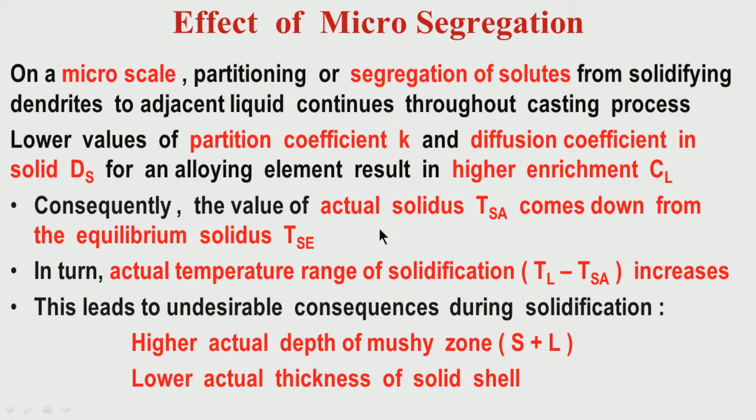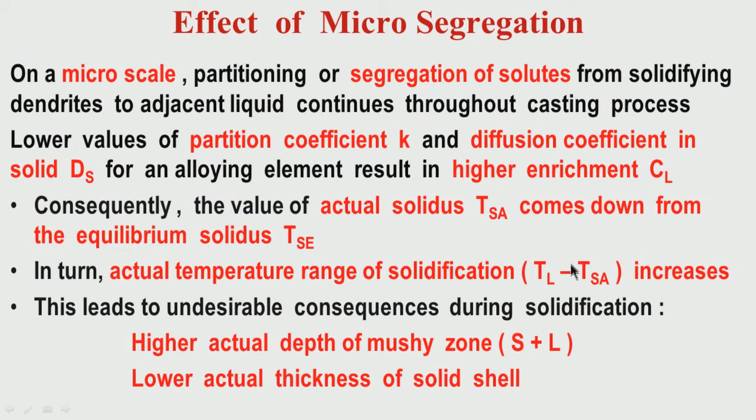The last portion which is solidifying has more concentration, that is, it is richer in all alloying elements. So, number one, the concentration of the last solid is very high.